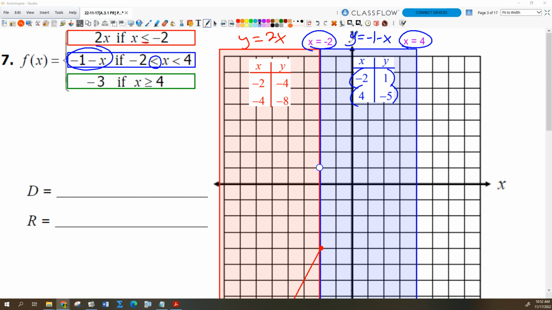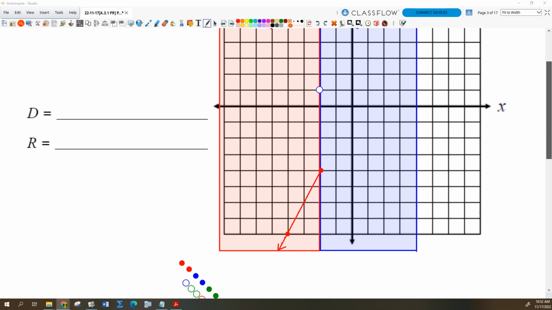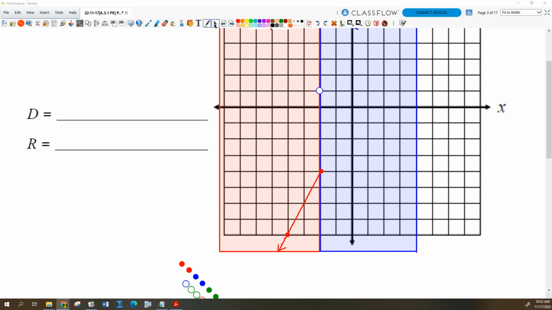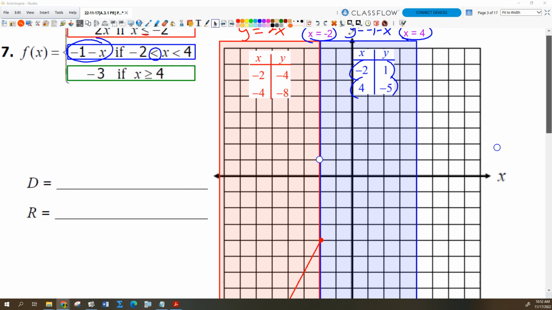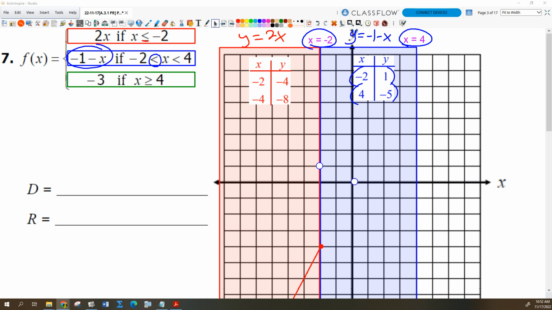The only x values included in the blue domain are the x values greater than -2 and less than 4. Not 4 though, right? So again, we're going to need another open endpoint there, aren't we? So let's grab another one. And we're going to go to the point x equals 4, y equals -5. So right there.